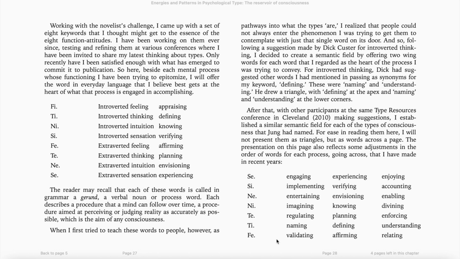It's an extroverted function, so that's how sometimes people will feel about it, and they'll say extroverted feeling doesn't go anywhere below the surface. It's very superficial, but at the end of the day, it's about relating to other people. So validating might be what it seems like, but that's not really the core.